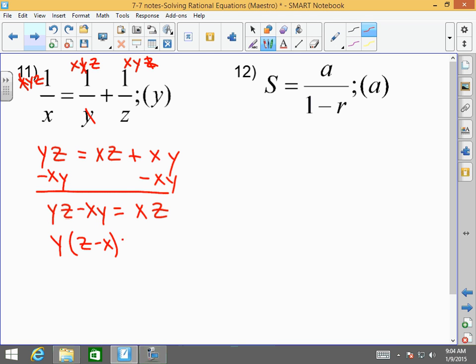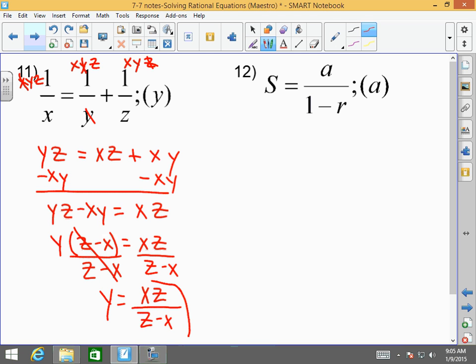Aha, yeah, I heard that. Oh, yeah, it makes life easier. I love that sound because it means that people are learning. Now divide by z minus x. And guess what, boys? y equals xz over z minus x. It's cake.